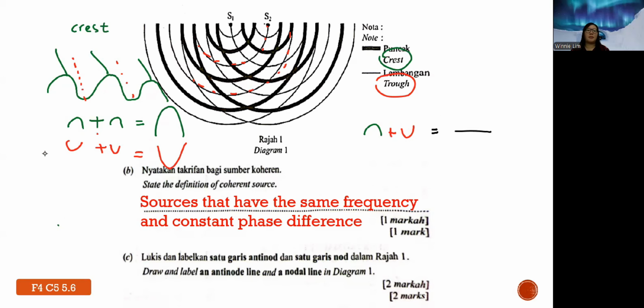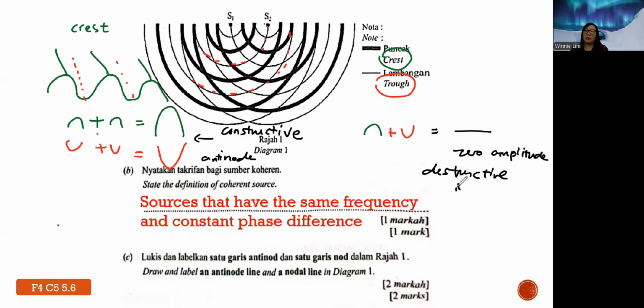When you have maximum amplitude, this is called constructive interference, and those points are called antinodes. Whereas zero amplitude is called destructive interference, and the point is also called a node. I always tell students, destructive means something no good, so node. But antinode means something good, constructive.